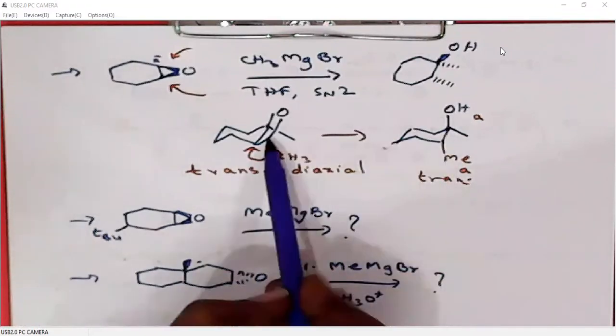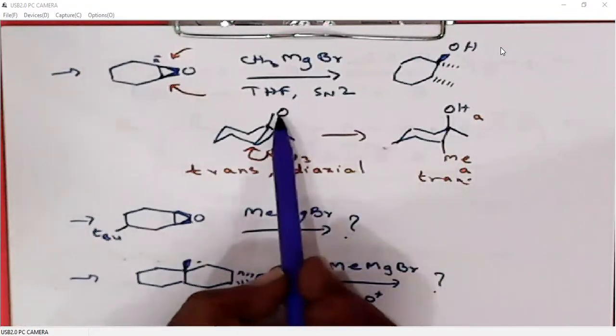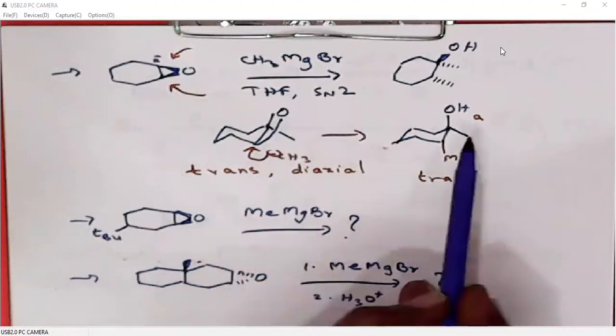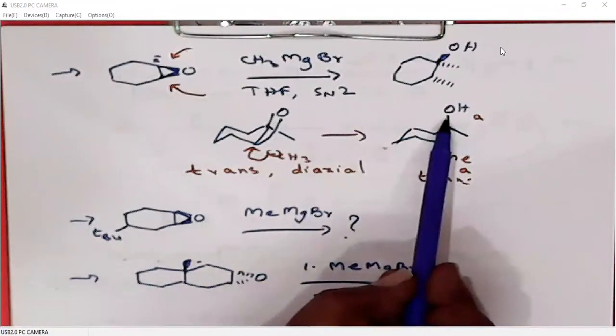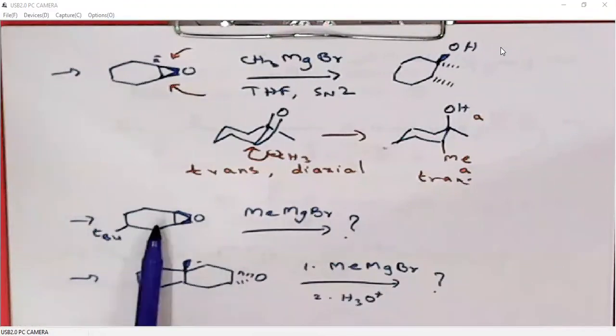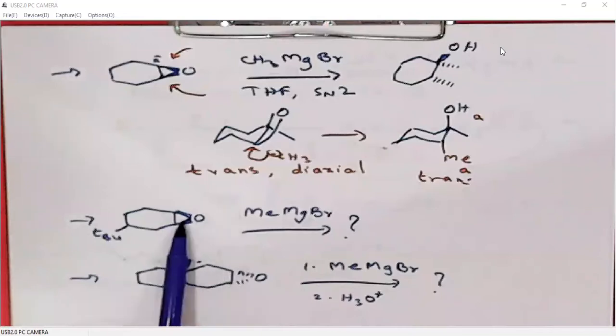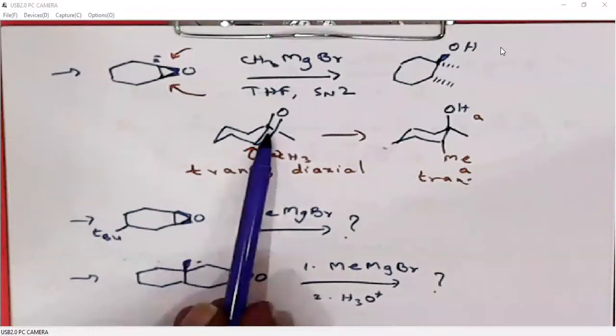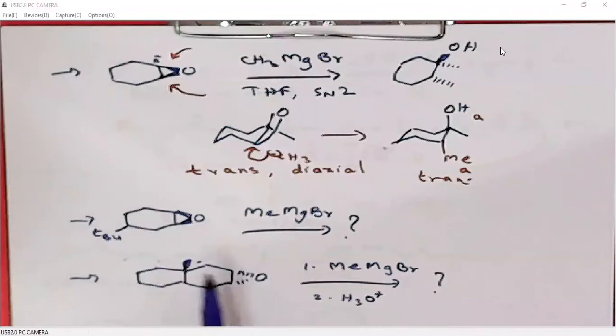Of course, when the epoxide is undergoing ring opening, then the hydroxyl alcohol will be axial. So you write these molecules in the same chair conformation. Keep this epoxide above the plane, similar to this. Keep this epoxide below the plane.